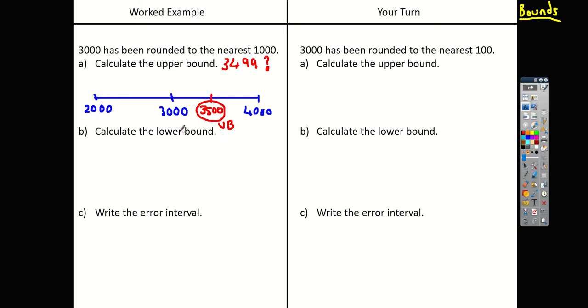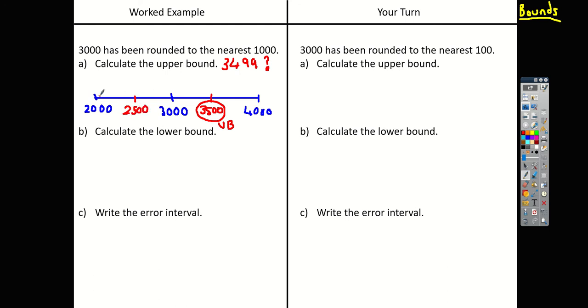For part B, if I want the lower bound, it's the same idea, just on the other piece of the picture. So down here, on the low values, I want to not be rounding to 2,000, but I want all the numbers that round to 3,000. The boundary is again going to be in the middle. So put a value here, and that's going to be in between, 2,500. And that's going to be my lower bound.